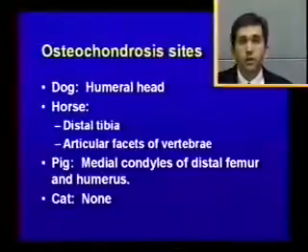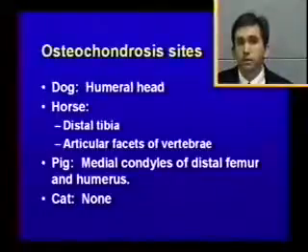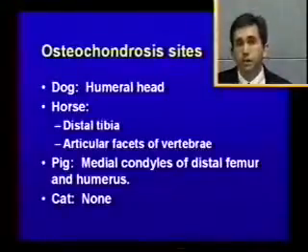Some common sites for osteochondrosis in other animals. In dogs, it's very common in the humeral head, and this is seen in large breed dogs that are rapidly growing and causes lameness in the shoulder region. Horses, in addition to the articular facets that I just showed, the distal tibia is a common site for these areas of cartilage interruption and injury.